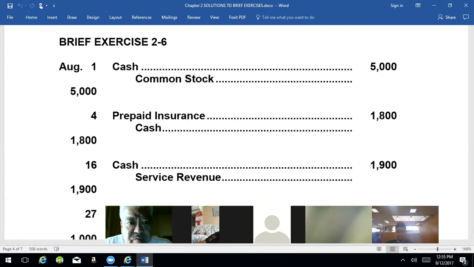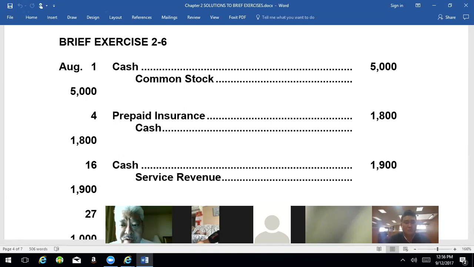Again, I apologize, the formatting didn't carry over when I put it on the screen, but remember that the cash, the debit, is on the left, the common stock, the credit, is on the right, and you actually list the entries that way, with cash on the left-hand side, and then common stock indented for the credit entry.